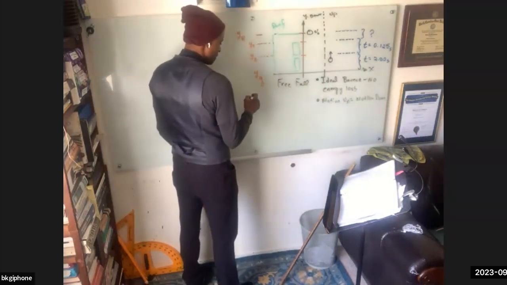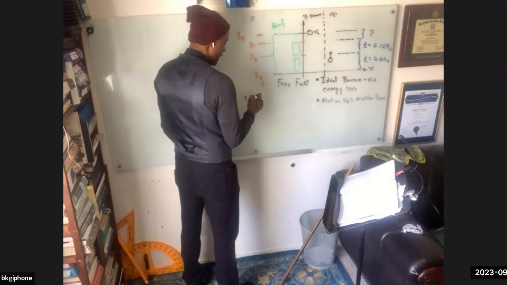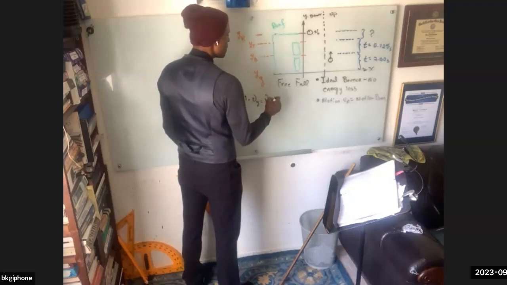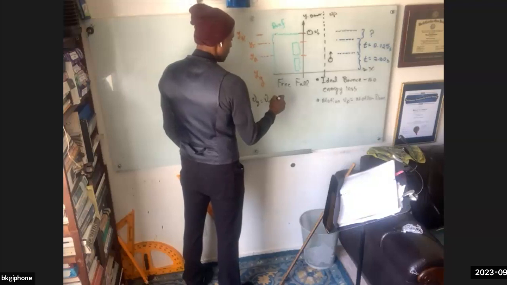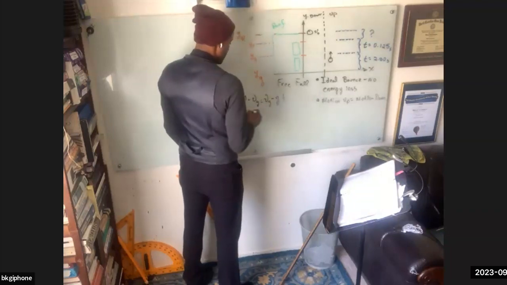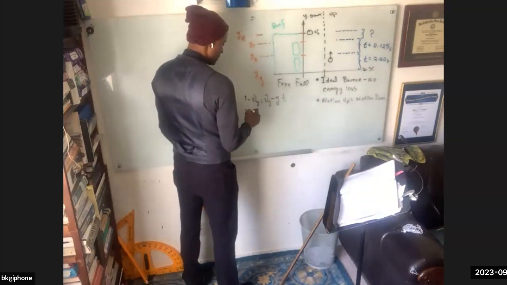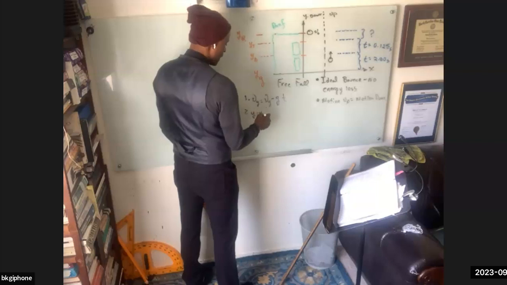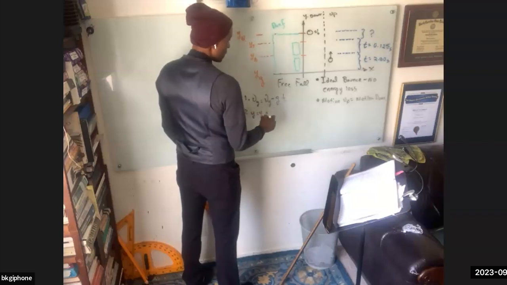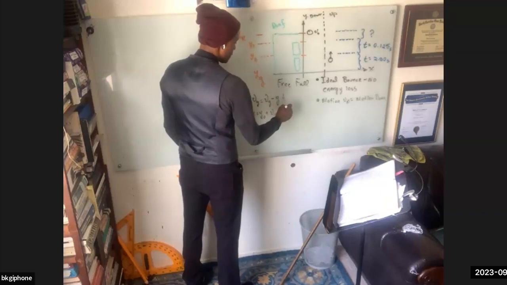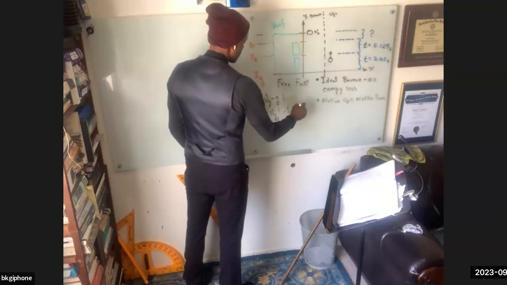So I've got velocity in the y direction equals initial velocity in the y direction minus gt. Then I've got y equals y naught plus v y naught t minus 1/2 g t squared.